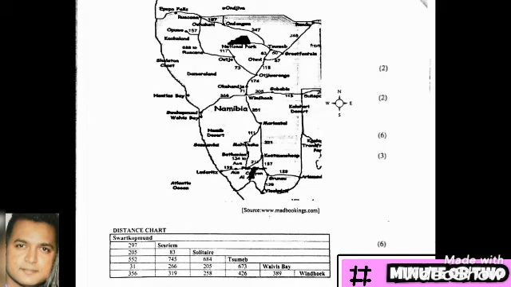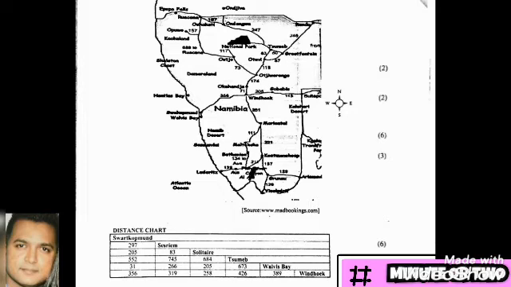Now looking at the annexure and the map, you'll see that Vloesdrift is right at the bottom. So the key word in the question is from, because this tells us where we are standing. So remember, we are standing at Vloesdrift. Now from that point, we must determine where the Kalahari Desert is.